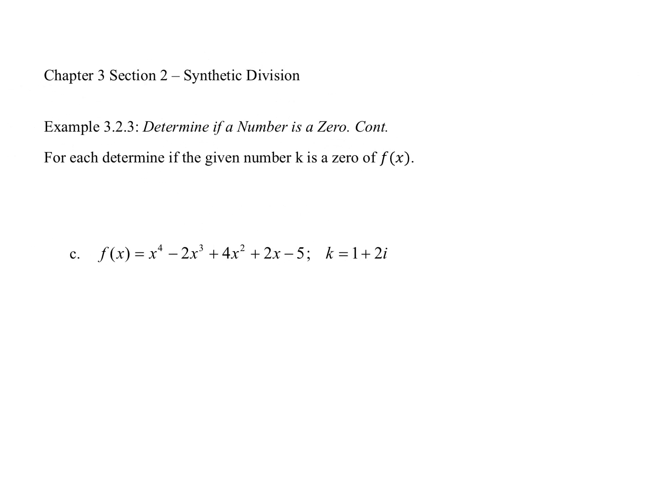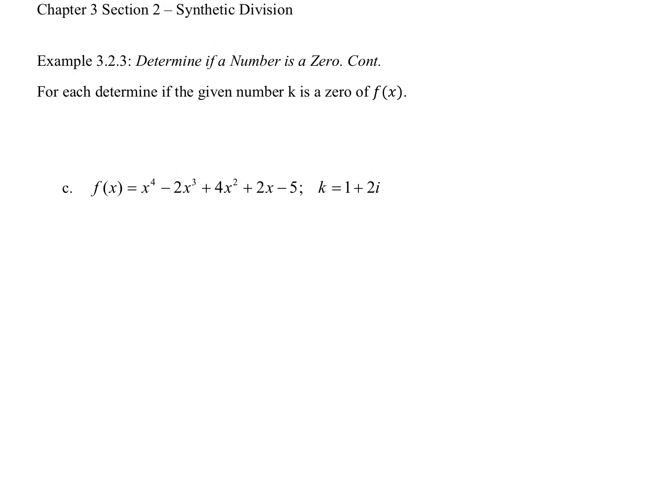Okay, this one looks a little different. I just need you to trust the process. It is not bad. It is not horrible. We're going to do it. Same question: is this thing they give us a 0? And that is still a linear term. There's no squares or anything, so I can still use synthetic division. So in my house, I'm going to put my whole thing, 1 plus 2i.